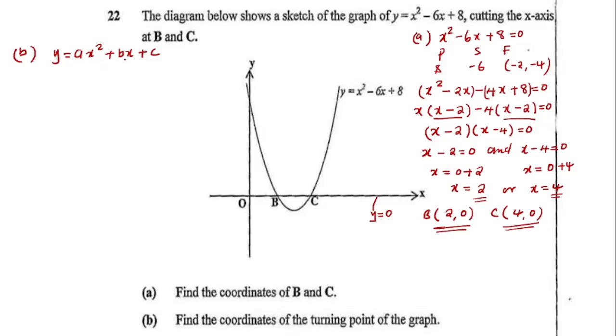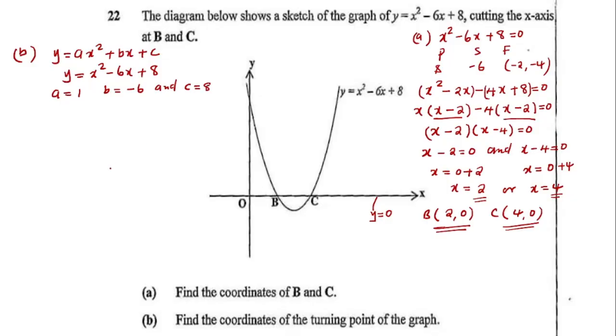Where there is just an x which is not squared, that's where the value of b is. Then the constant without a variable is the value of c. So in our equation, y equals x squared minus 6x plus 8, the value of a is 1, the value of b is negative 6, and the value of c is 8.